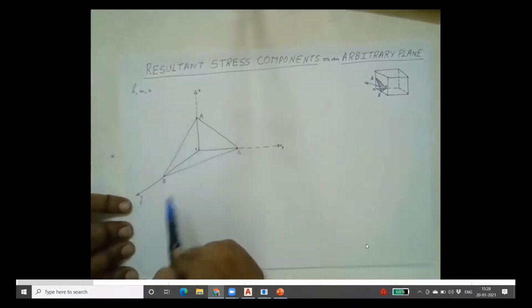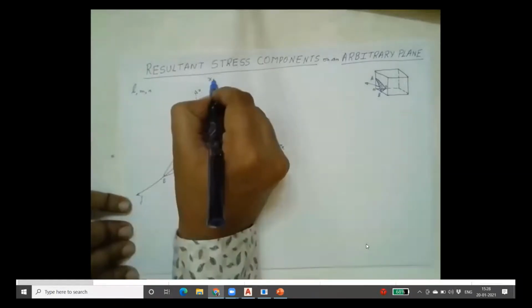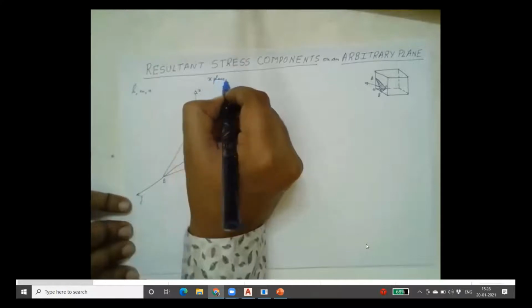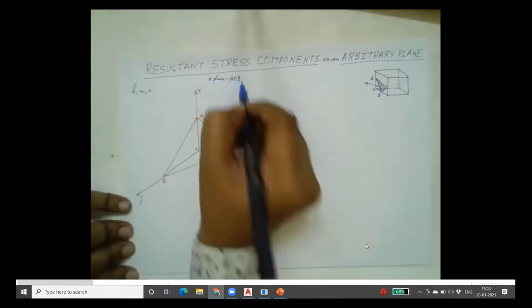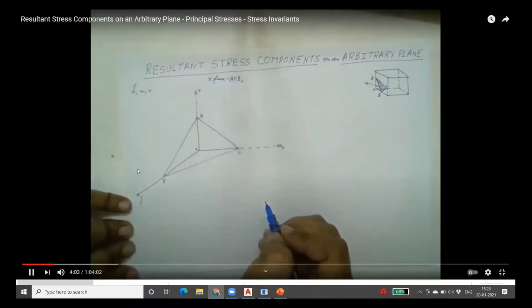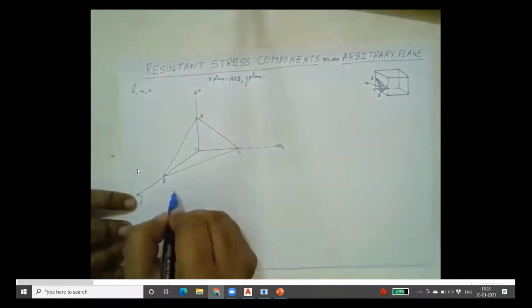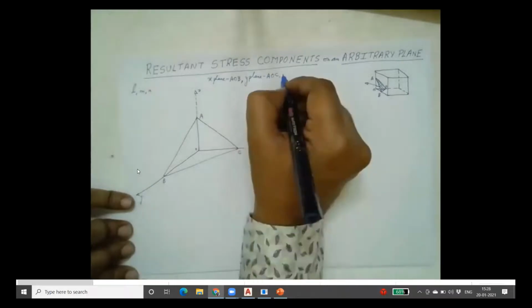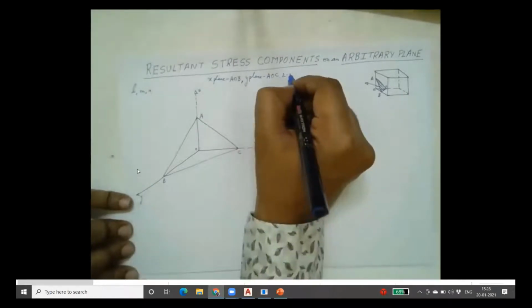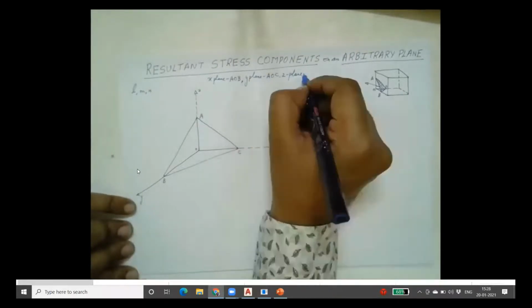Okay, so here if I write x plane is AOB, then y plane is AOC, then z plane is BOC.